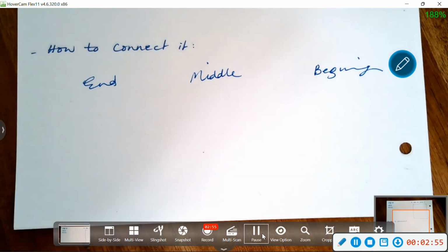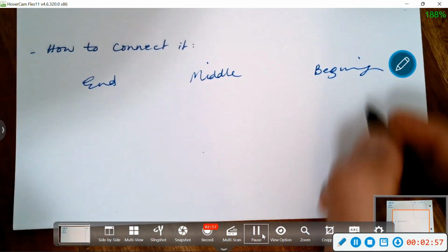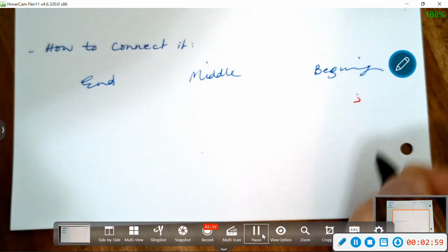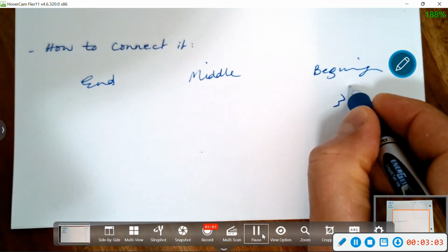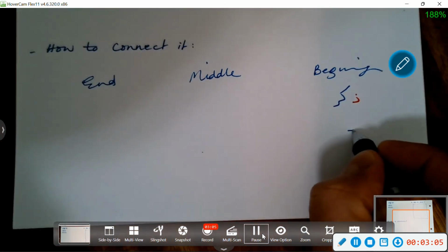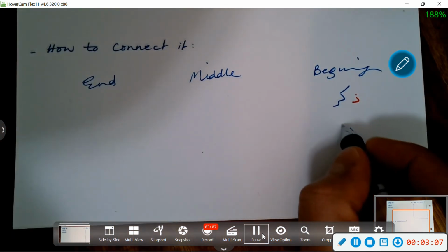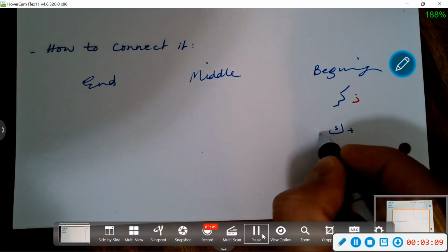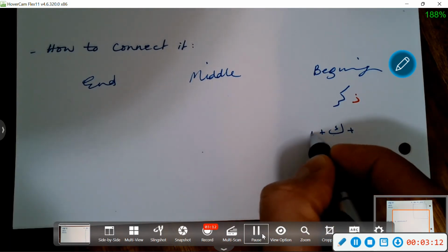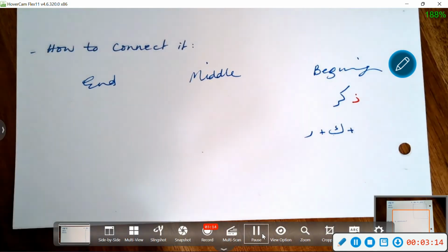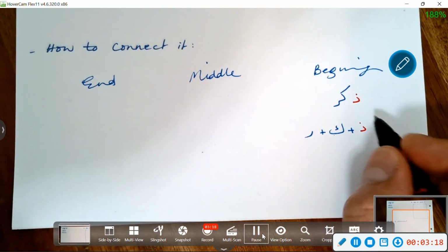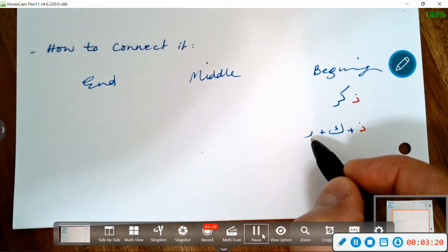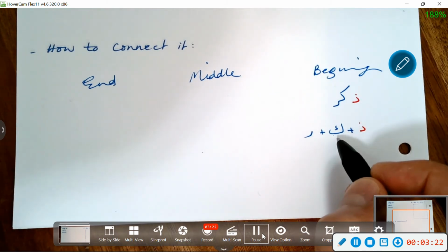At the beginning of the word we have ذكر. So we have the plus ka plus ra. As you see, we haven't taken the letter ka and the letter ra so far.